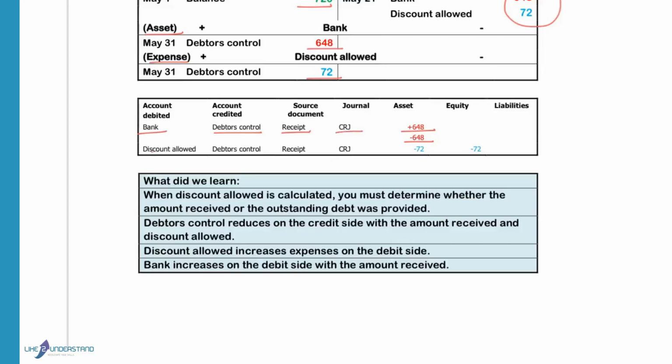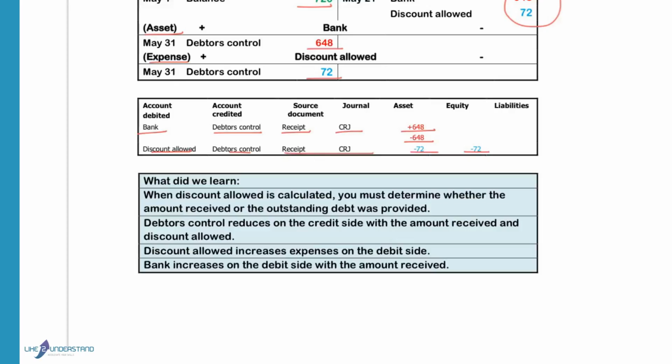Discount allowed is debited to increase expenses. Expenses reduce profits, so the equity will decrease with 72. Debtors control decreases assets with 72, and the discount is also recorded on the receipt and in the cash receipts journal.